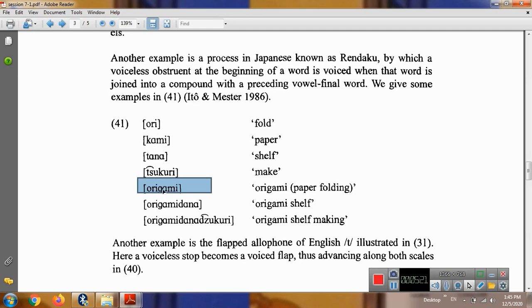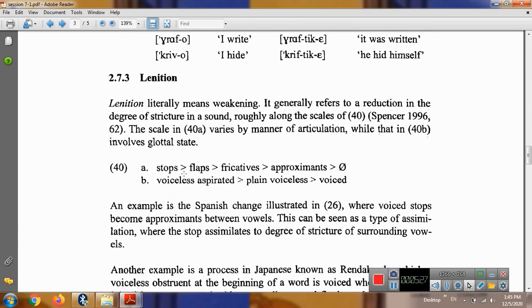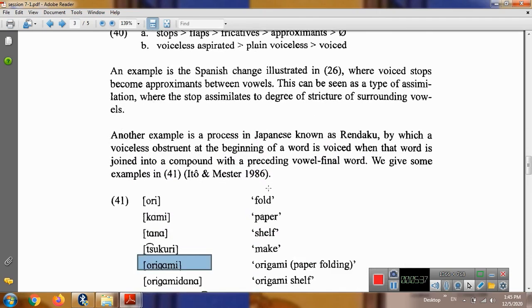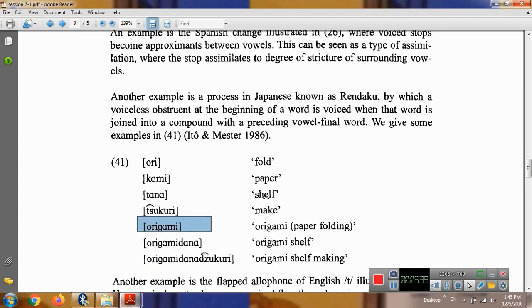K is a voiceless sound, turns to the voiced sound g, and we have lenition, because as I told you, when the plain voiceless turns to voiced, we have a lenition process. Therefore, when k as a plosive voiceless sound turns to its voiced pair, we say that here we have lenition.